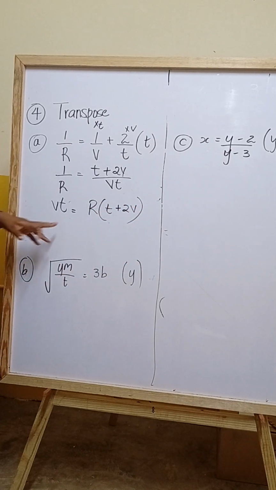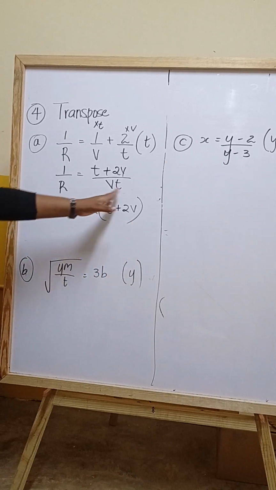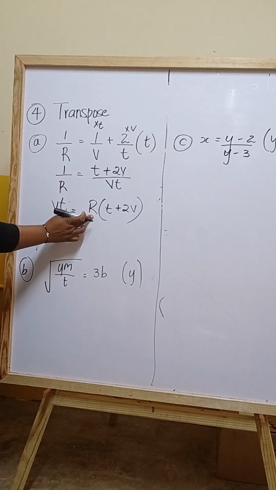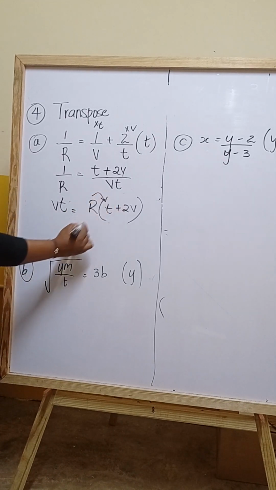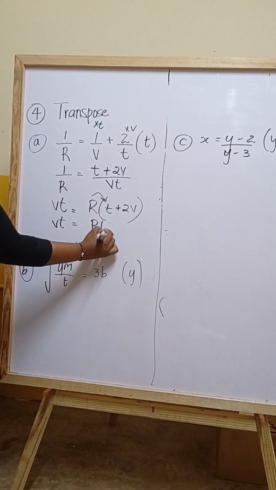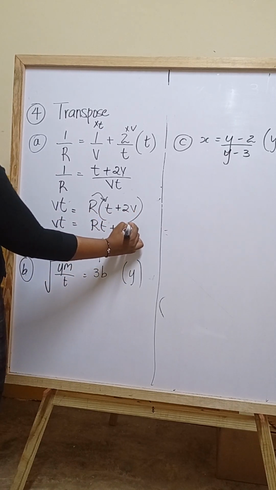Now remember that when we multiply a variable by a bracket, we need to expand. So we're going to expand the right hand side of the equation to get R times T, which is RT, R times 2V, which is 2RV.